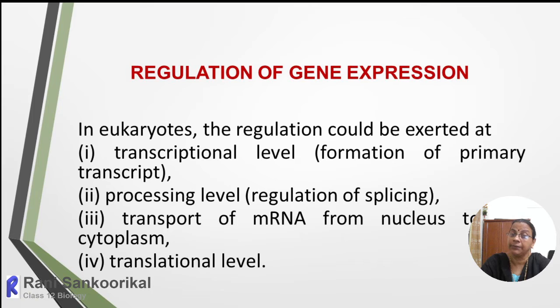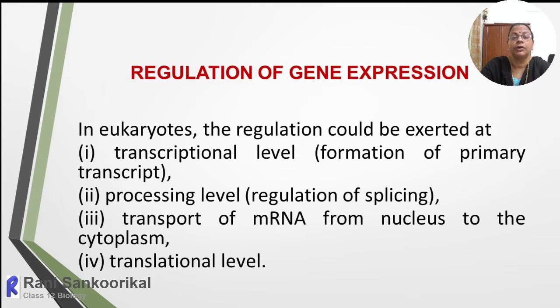So there can be a regulation or control at the processing step, that means the conversion of hnRNA to mRNA through splicing. Then the third level of regulation we can observe is in the transport of the matured mRNA from the nucleus to the cytoplasm.